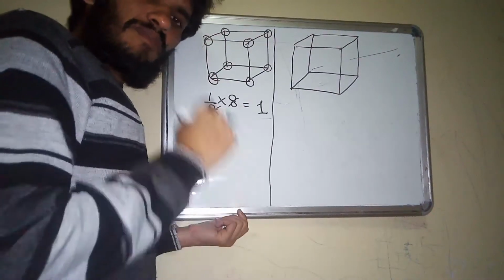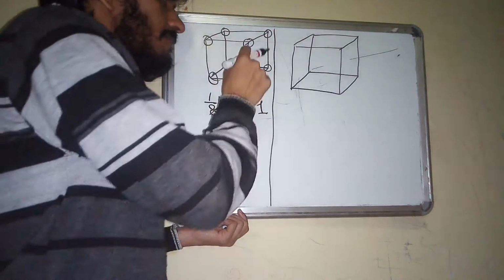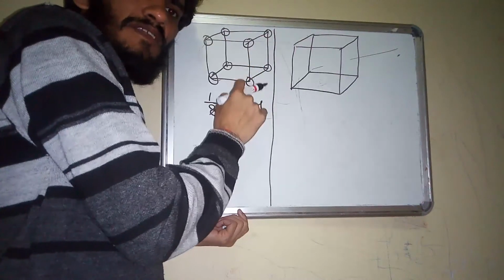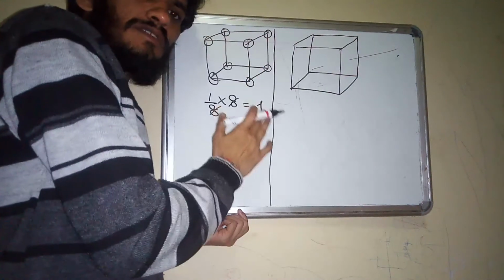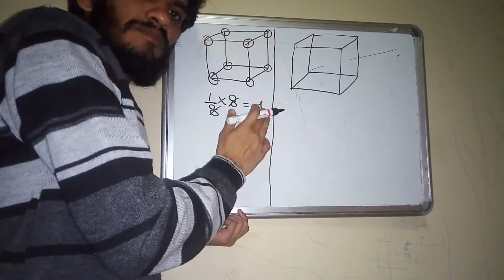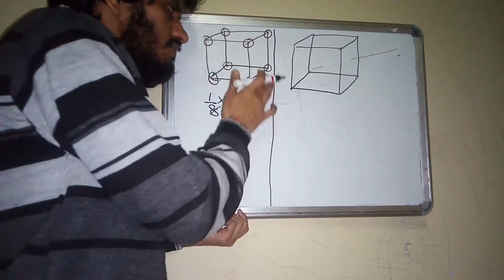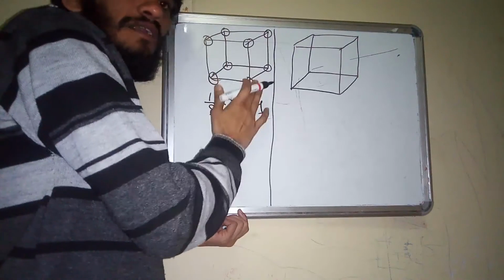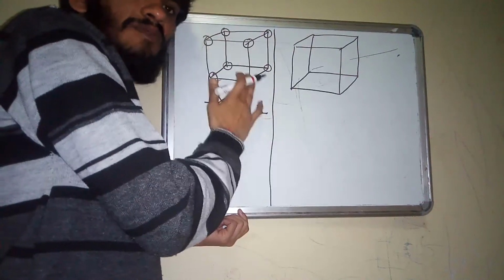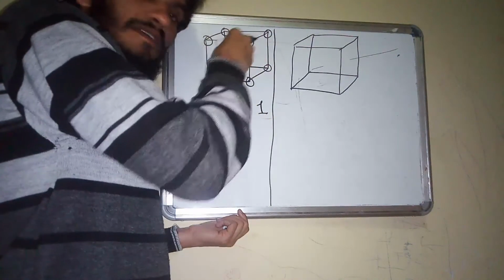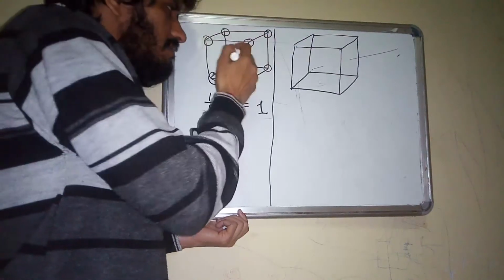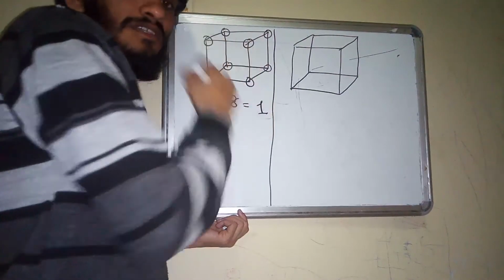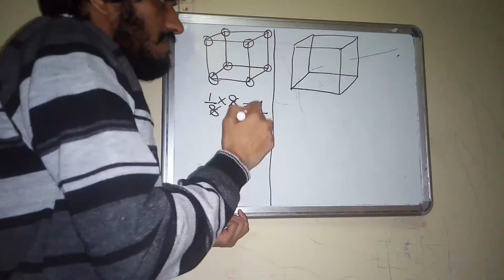What is meant by primitive or simple? That means in 8 corners 8 atoms are present. There is no atom or lattice point present on the faces of the unit cell, meaning these 6 faces, or any atoms or particles or lattice points present in the space, meaning in the middle of this cubic primitive unit lattice.